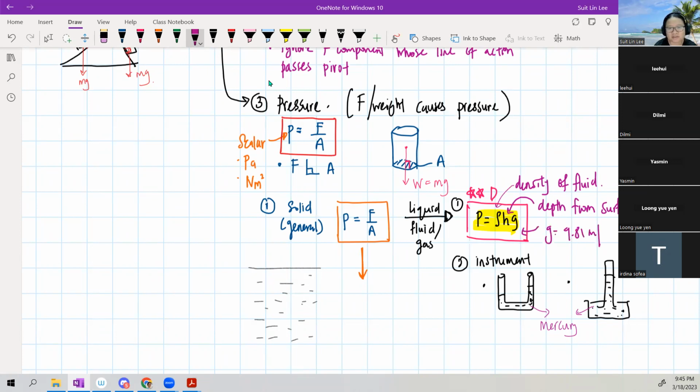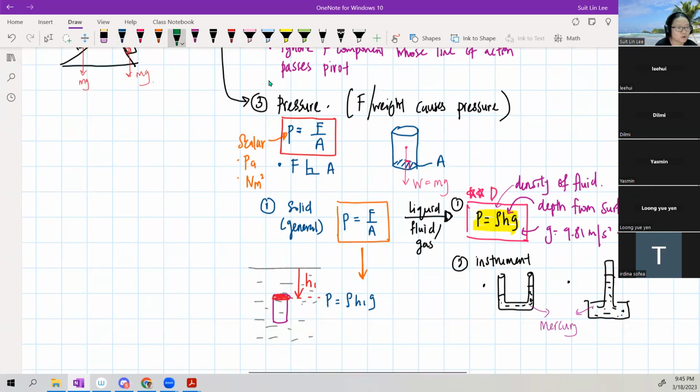That's why it is the weight. Let's say you have a cylinder here, and it is inside water. So the pressure on this top surface is due to H1, right? So the pressure here on the top surface will be rho H1 g.